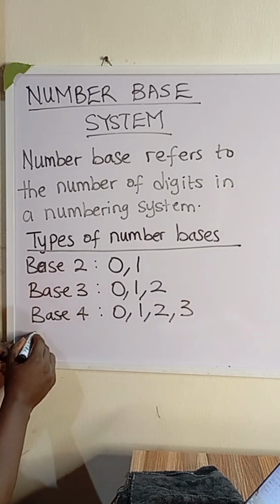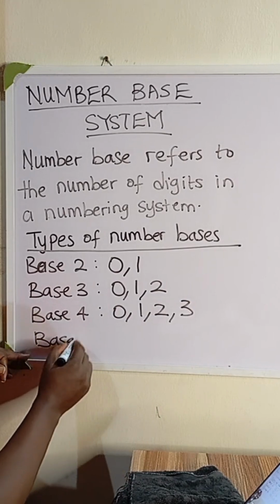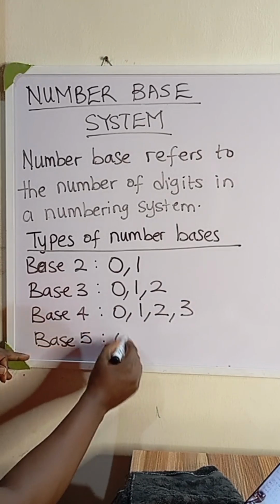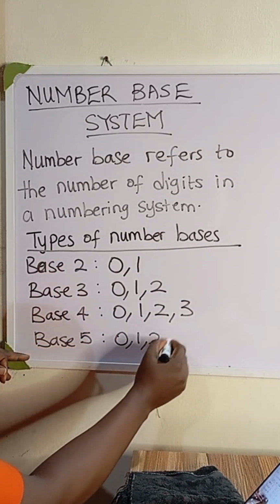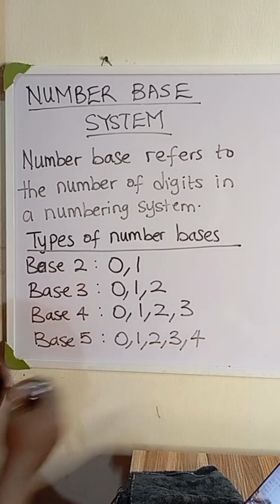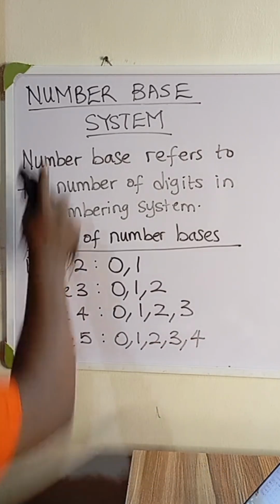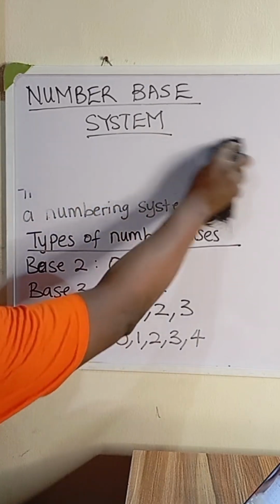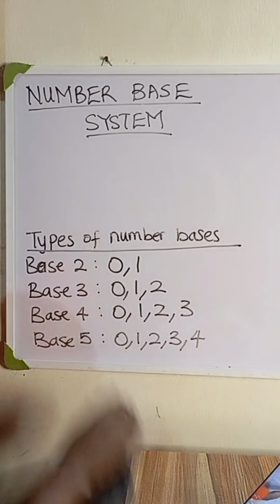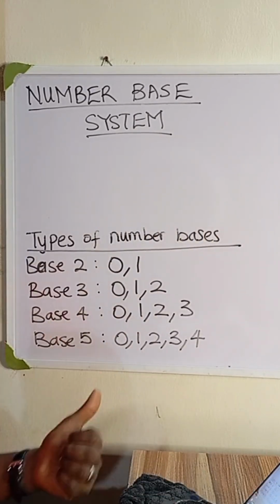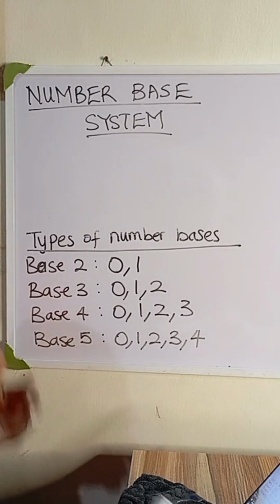Okay, and then we have base 5, 0, 1, 2, 3, 4. So we can continue until base 10. So I'm going to skip base 5, base 6, base 7, base 8, and base 9.